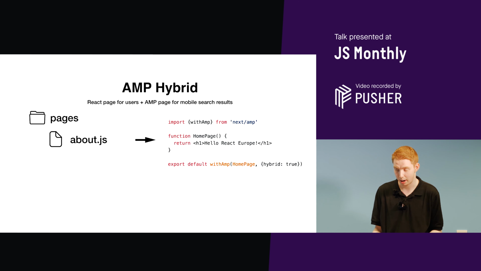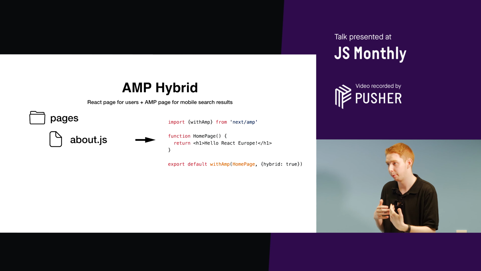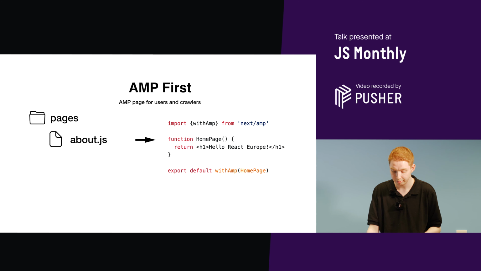And there's two ways to use AMP. So there's AMP hybrid, which means that you have a Next.js React page on one side, and then you have an AMP page for when crawlers index it, basically. So when Google comes by, it will index the AMP page too, but your users are never going to it directly. And this works really well if you want to incrementally adopt AMP, for example.